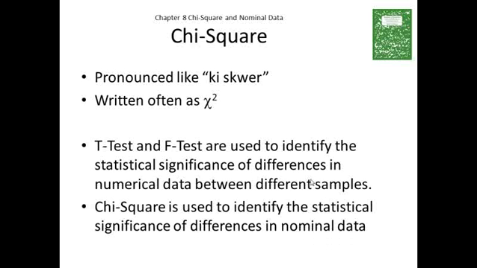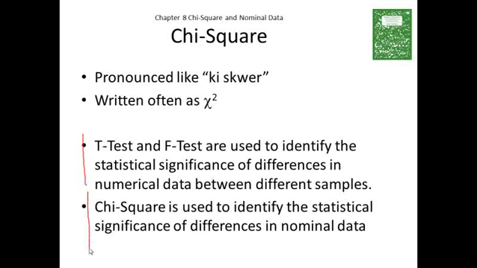Got it. Now what are we going to use with chi squared? Well, when we think back about our F test and our T test, which we looked at in prior chapters, those tests are used to identify statistical significance of differences in numerical data between samples. In chi-square, we're using nominal data.